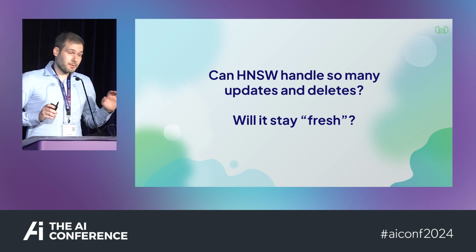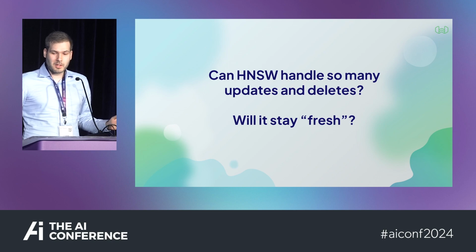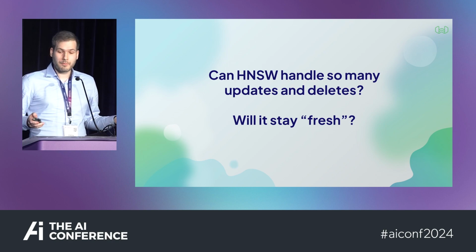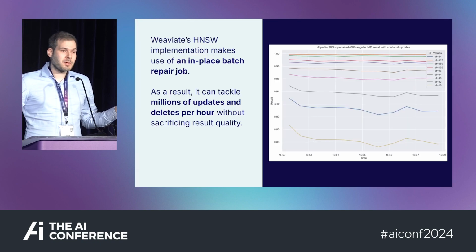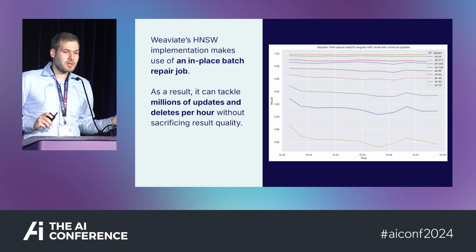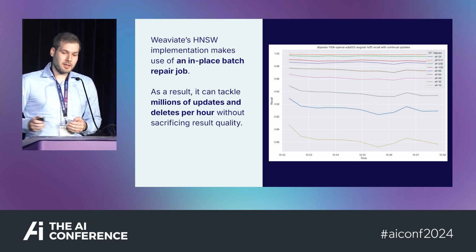And if you've heard of HNSW, you may have also heard the question: can HNSW even handle this number of updates or deletes? Will it stay fresh? There are blog posts out there saying it can't, and that's almost true. If you look at the original HNSW paper, it really could not handle deletes at all. They would basically just be markers, and it would degrade over time.